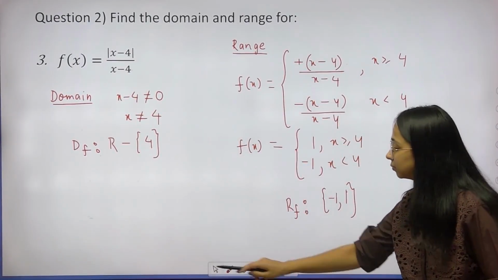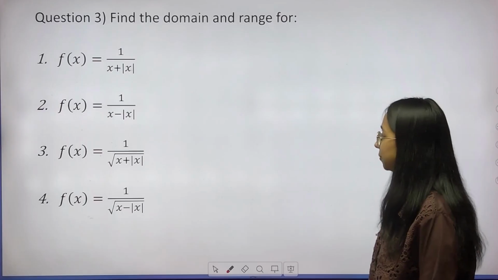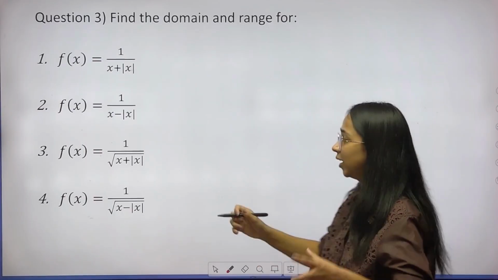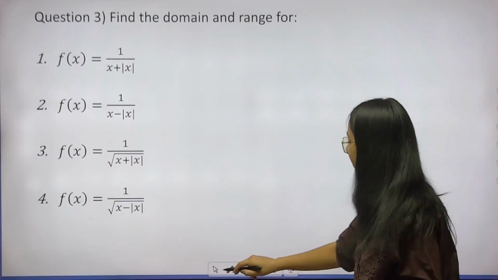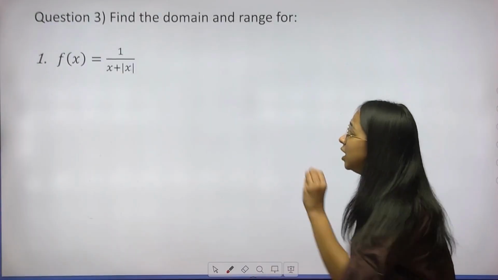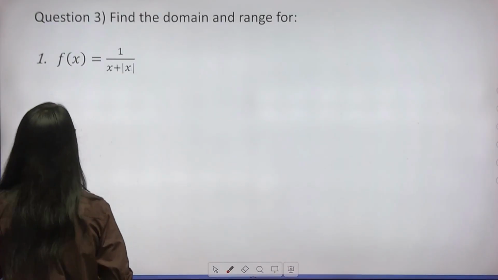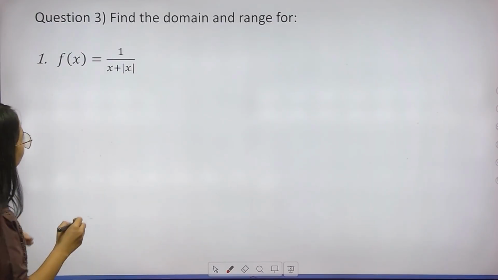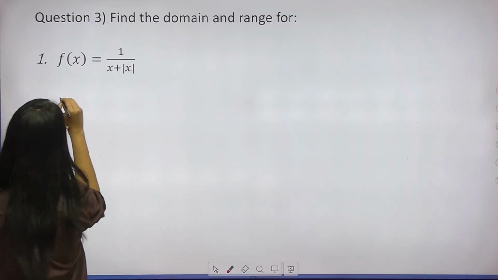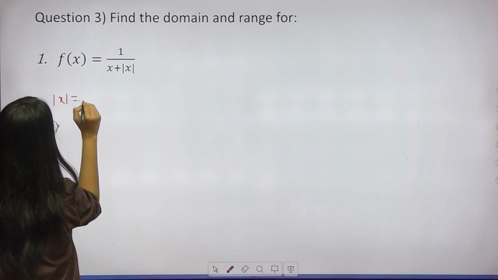Now let's practice a few more questions on finding domain and range. First question, here we have f of x equal to 1 over x plus modulus of x. Let's first of all open the modulus of x.